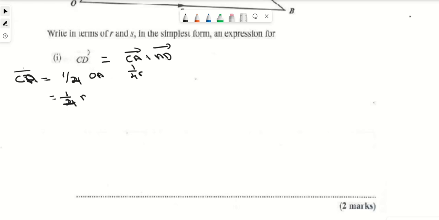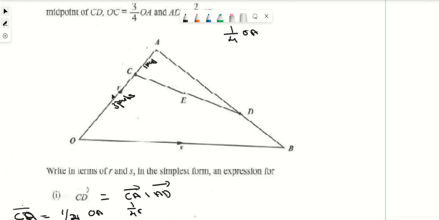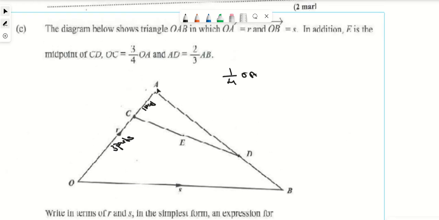And then they want AD. Now, if we look at the diagram again, we know that AB is, so first we need to find out AB.